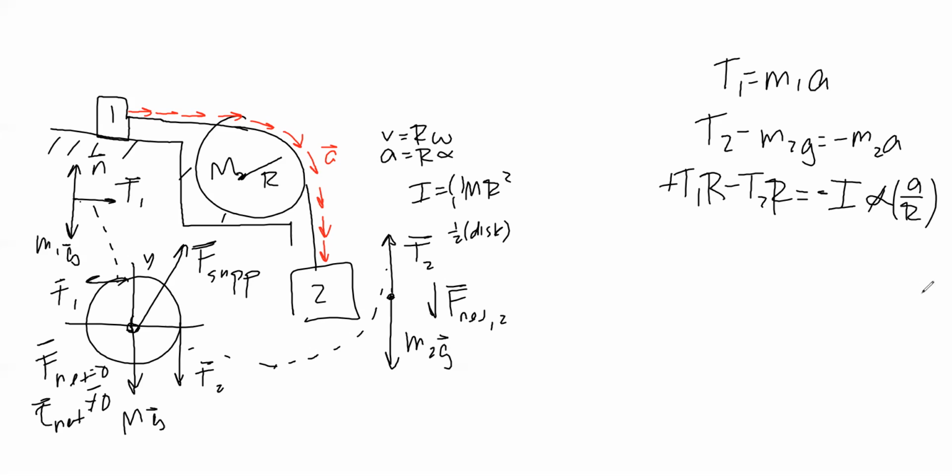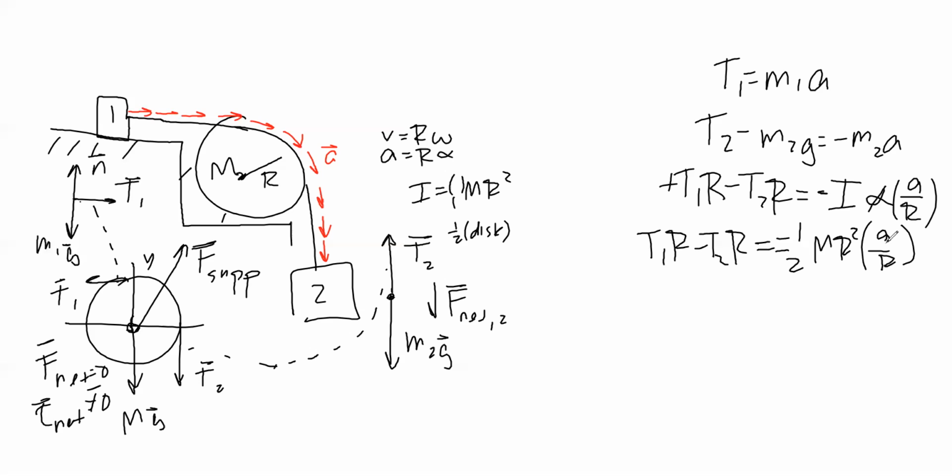So the I then becomes, well, let me just rewrite this whole equation actually. On the right-hand side, we have minus 1/2 mr squared times A over R. That's the left-hand side. The left side is still T1R minus T2R. And so something miraculous happens in that the radius goes away.